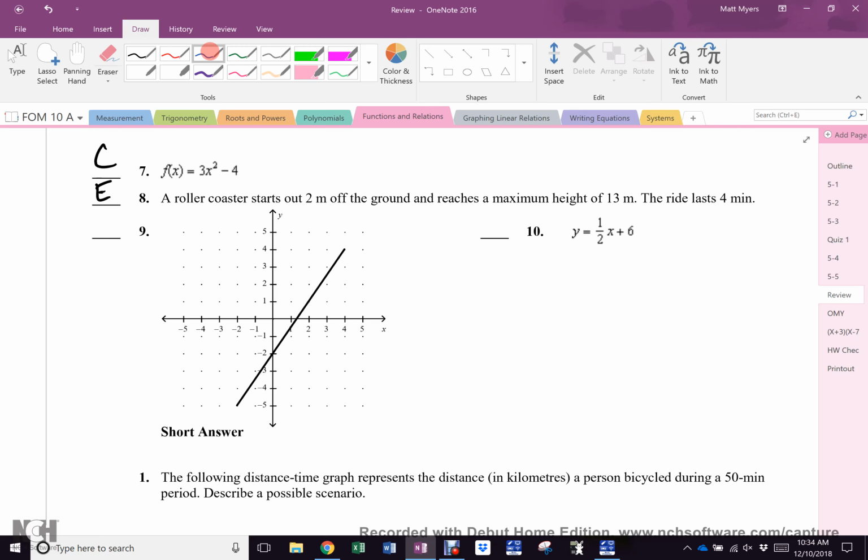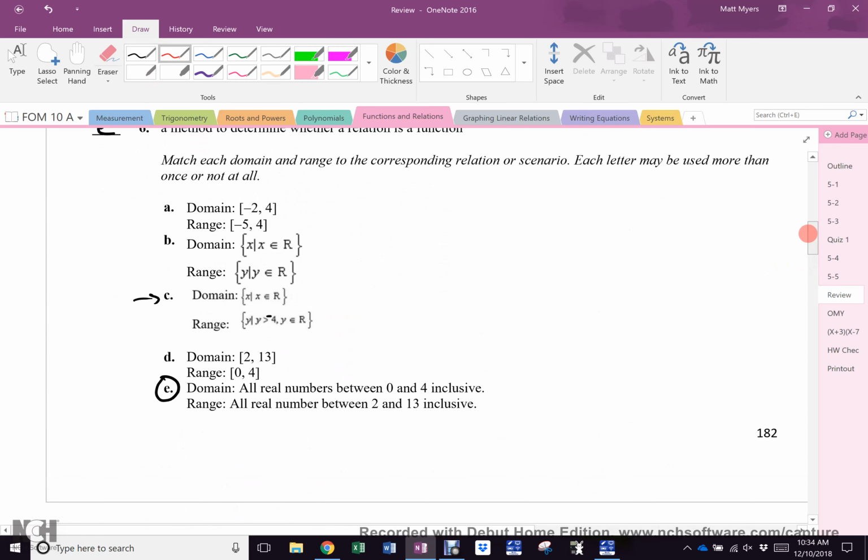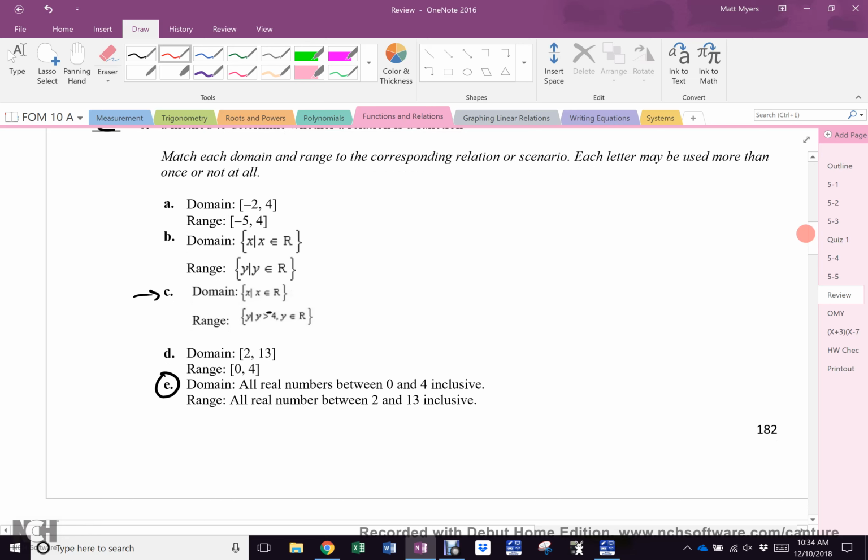Lowest range value is what? No. -5. Up to 5. 4. And what's my lowest domain value? -2 up to 4. So my domain was -2 to 4. My range was -5 to 4.